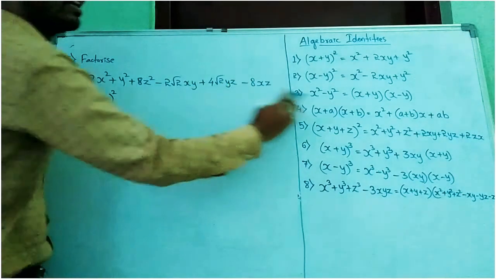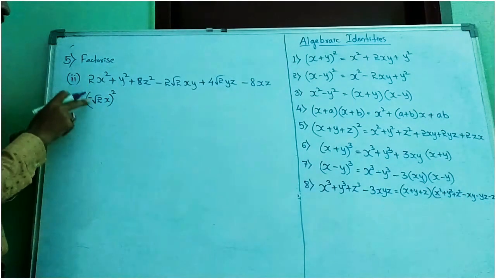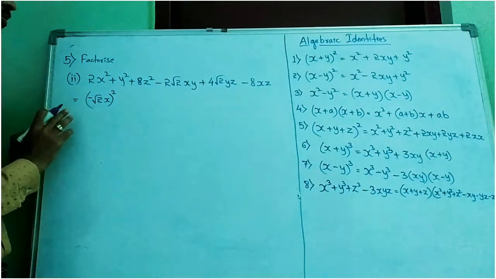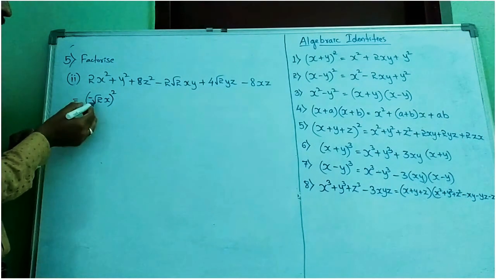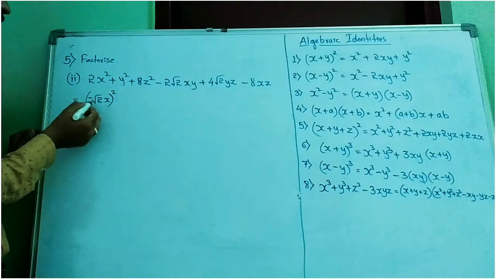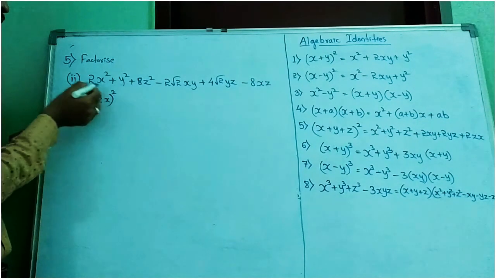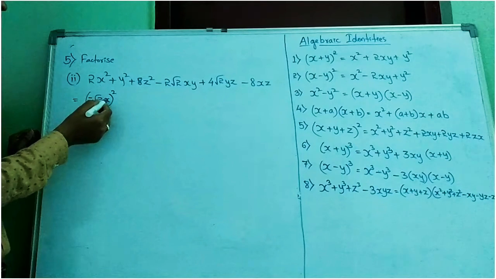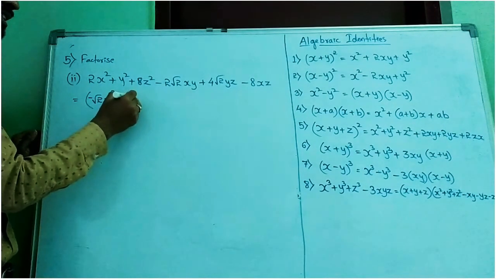Because again in 2zx, in the place of x, again we are getting minus, so minus is attached to minus root 2x whole square. If you again multiply with squaring, minus into minus is plus, root 2 into root 2, again we will get 2, and x into x, x square plus, y is nothing, so keep it like that only, y square.